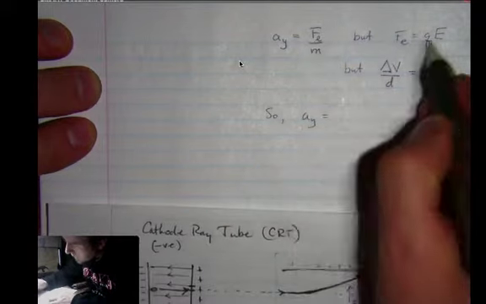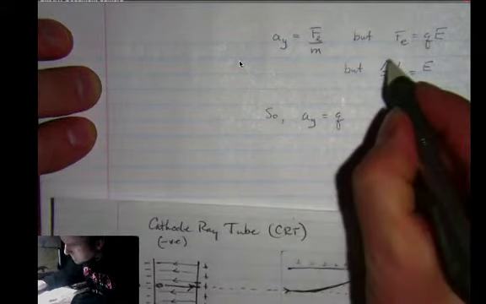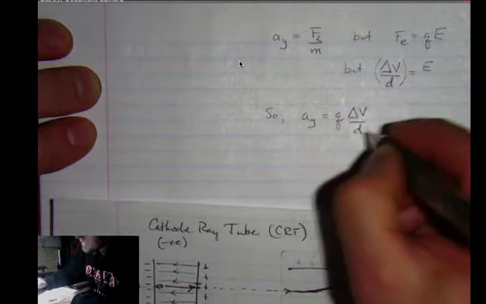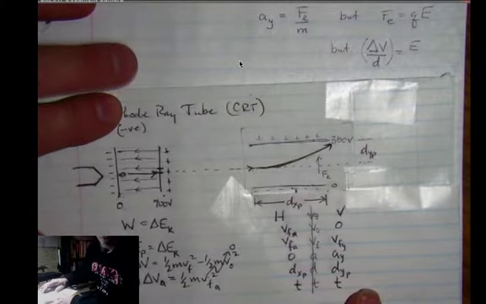So for Ay, we are going to have Fe, which is now Q times E, here's my E, and this distance I should be labeling on my diagram so it's clear what I'm talking about.